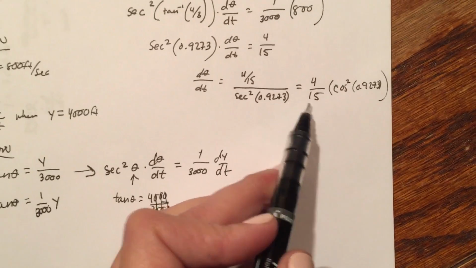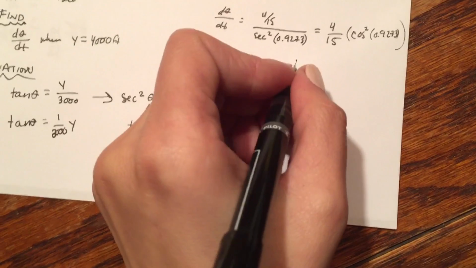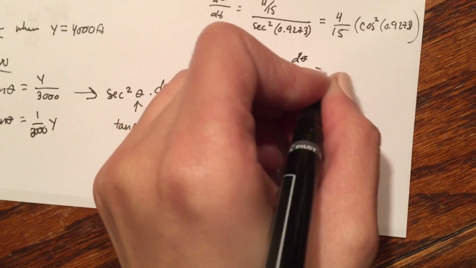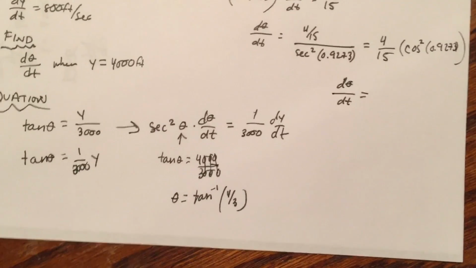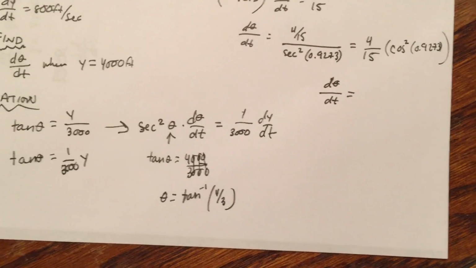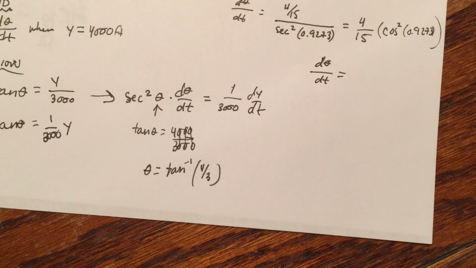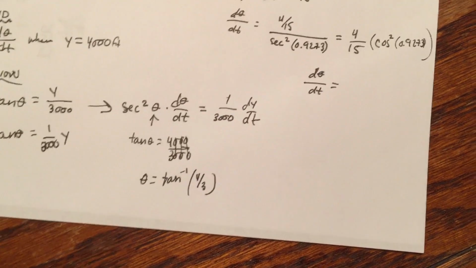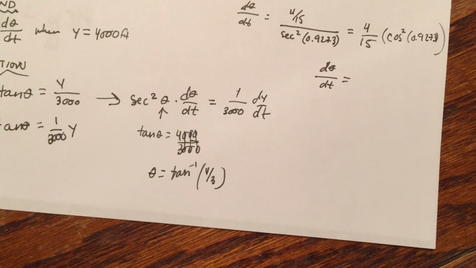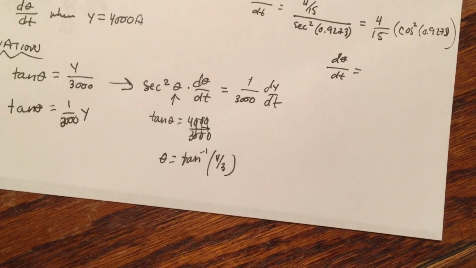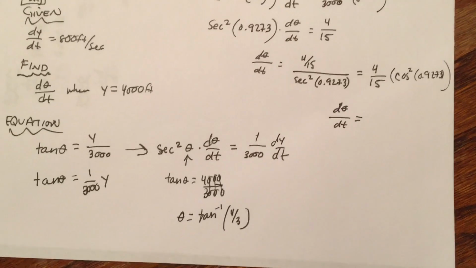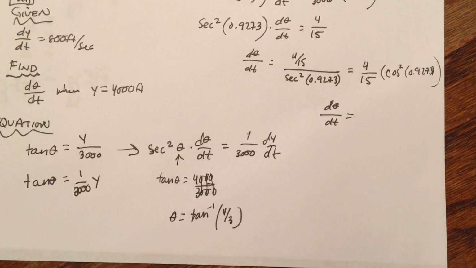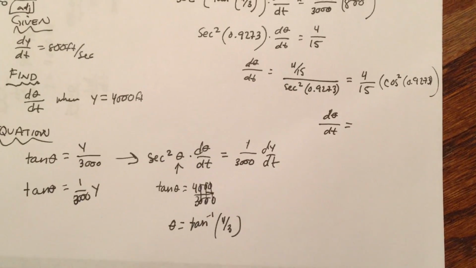Okay. And so really this is just going to be our d theta dt. And I should get, let's see, 4/15 times cosine of this number here, all squared, close parenthesis.